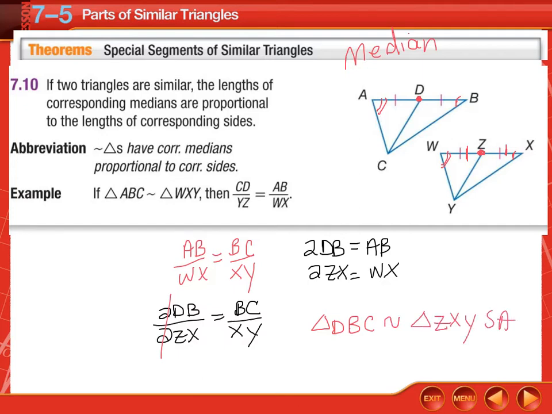We've got two pairs of sides that are proportional. We proved that over here. And we've got an included angle that is congruent. So therefore, when we have similar triangles, if we draw that median, they are proportional to the same ratio as the sides.